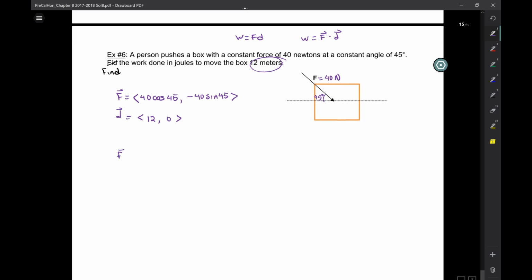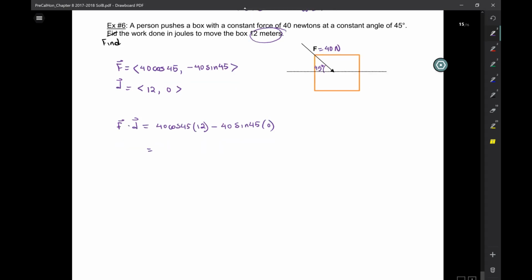Now, if I do F dot D, look at how it all works out in the formula. It's going to be 40 cosine 45 times 12 minus 40 sine 45 times 0. Do you see that it already cancels out? The way the dot product works, it automatically cancels out the component which is not in the same direction, which is perpendicular to it. So how much is that? 40 times 12 cosine of 45, Josh?